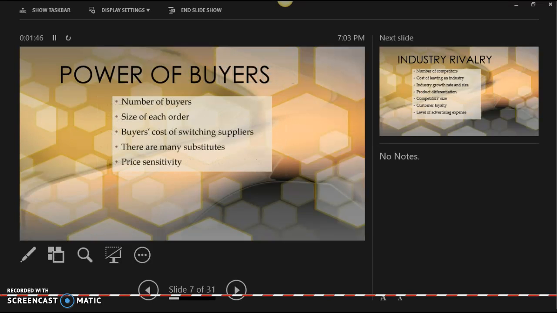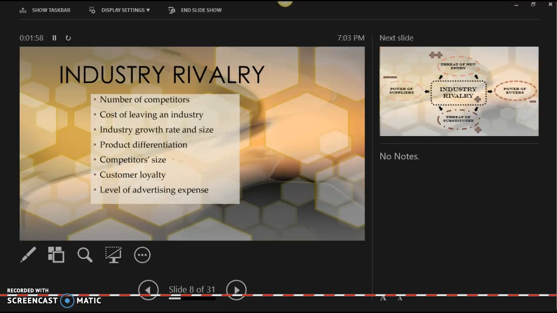And for power of buyers, I have number of buyers, size of each order, buyer's cost of switching suppliers, there are many substitutes, and price sensitivity. Then for industry rivalry, I have number of competitors, cost of leaving an industry, industry growth rate and size, product differentiation, competitor size, customer loyalty, and the level of advertising expense.